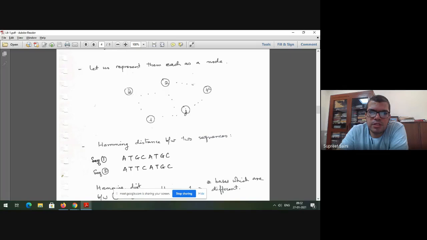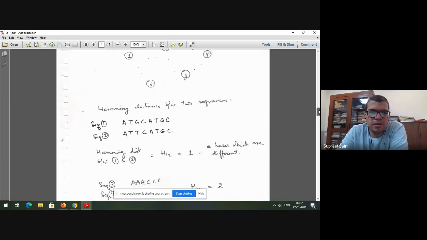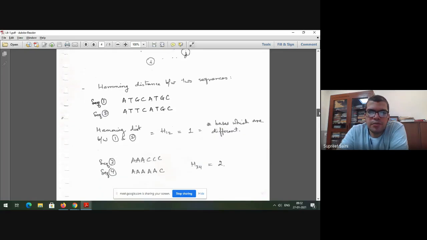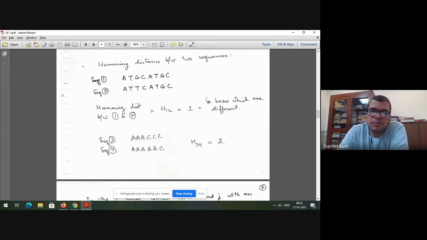So this is sequence number 1, and remember this is a sequence of length L. So we have 4 to the power L nodes in this two-dimensional space. Then we visited a concept called Hamming distance, which is by definition defined only between two sequences, and only when the two sequences are of the same length, being the number of nucleotides in the sequence.